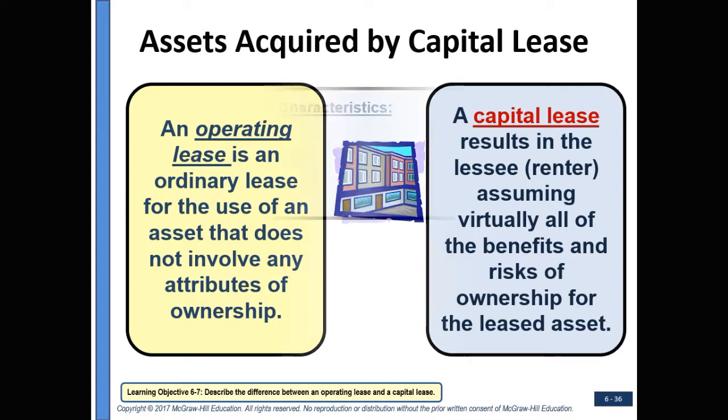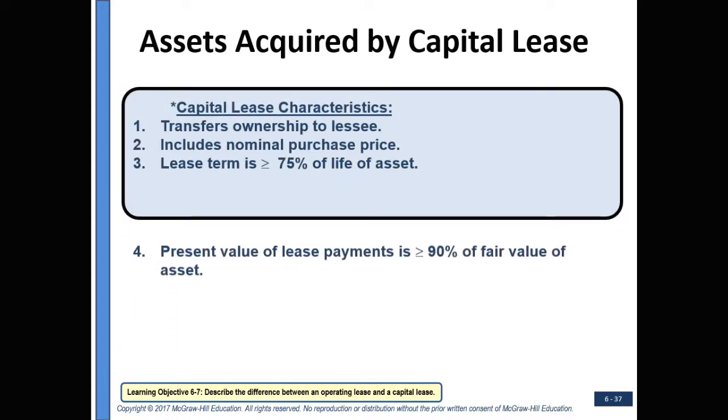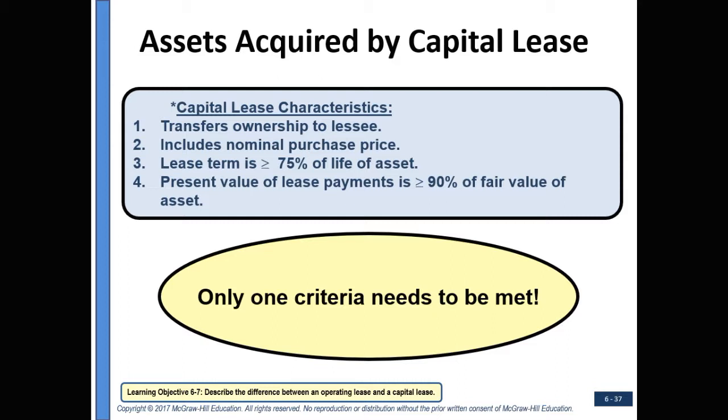So the characteristics of a capital lease. To be classified as a capital lease, the lease must transfer ownership to the lessee, so to the renter, include a nominal purchase price, the lease term must be equal to or greater than 75% of the life of the asset, or the present value of the lease payments is equal to or greater than 90% of the fair value of the assets.